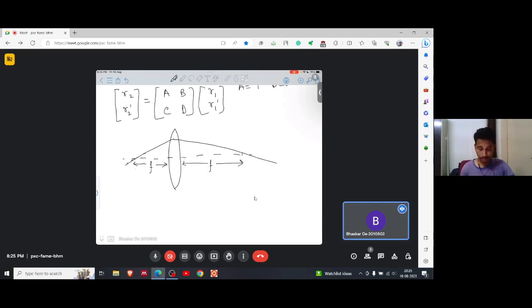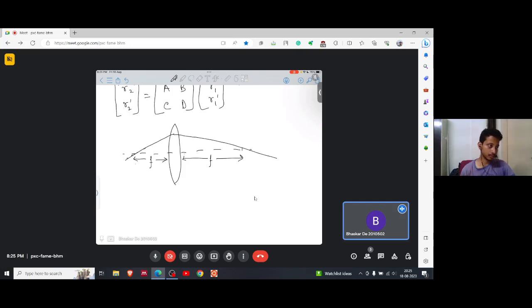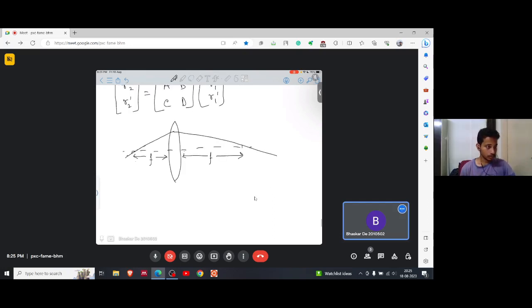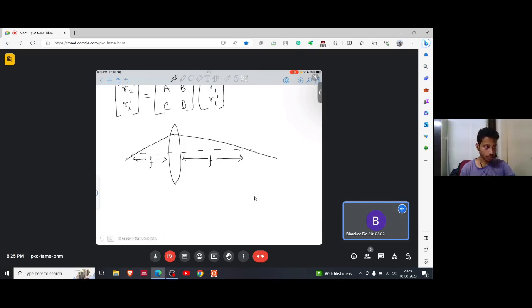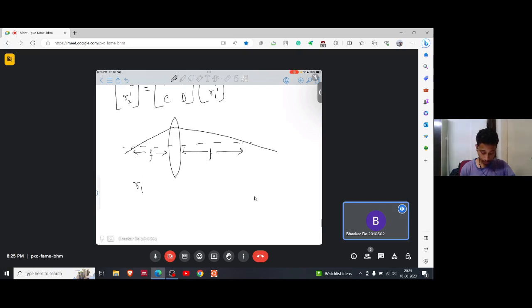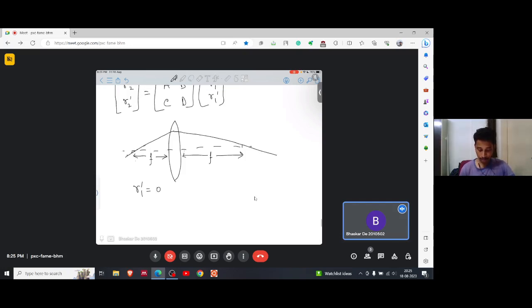In my drawing the two are not equal, but actually they are equal. The way the lens acts is, when we incident a parallel beam on a lens like this one, the lens converges that beam to its focal point, right?